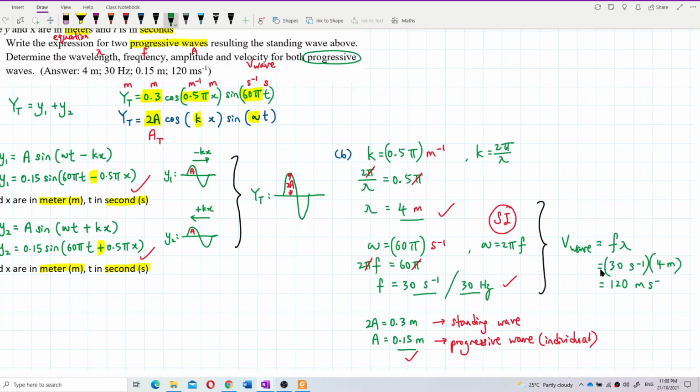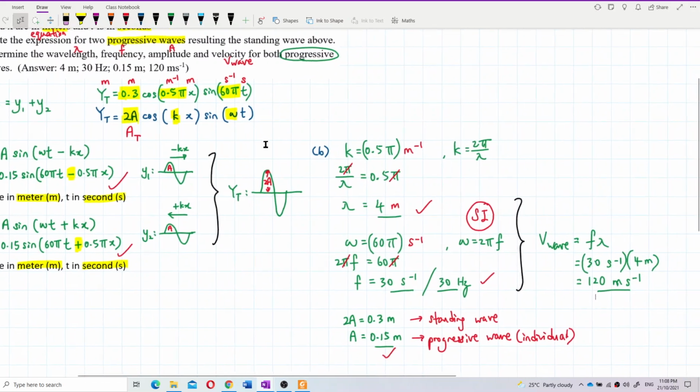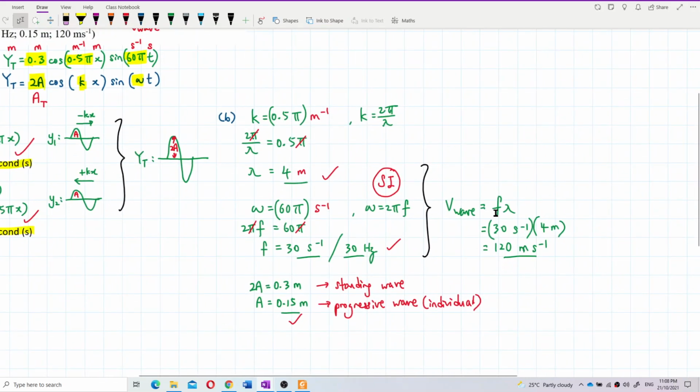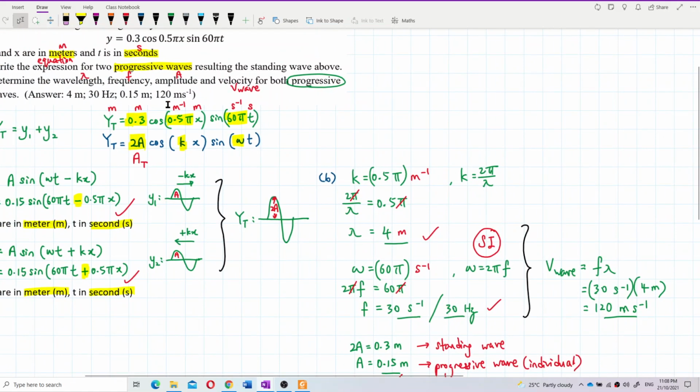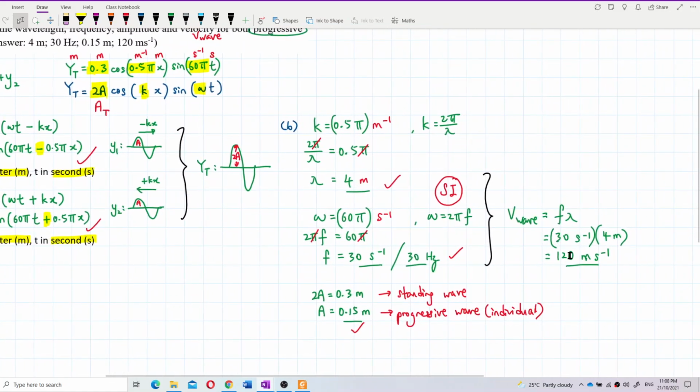So it's easy if you write the unit. It's not centimeter per second, it's meter per second, because all this while we are using meter only. So you see, very easy, right? Is it correct? 120 meter per second. Yes, that's correct.